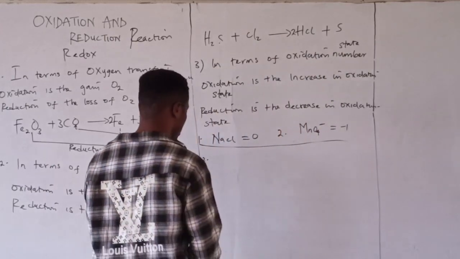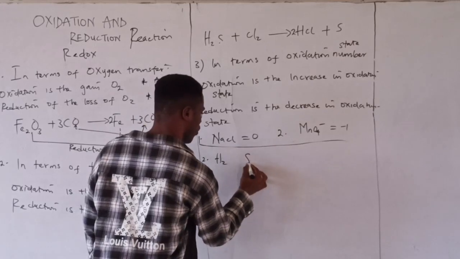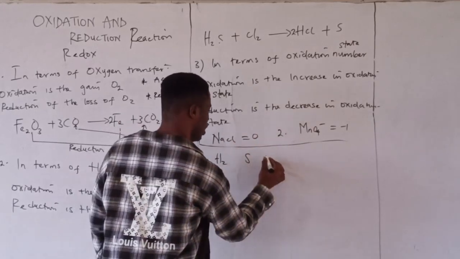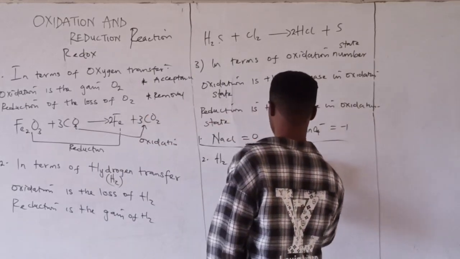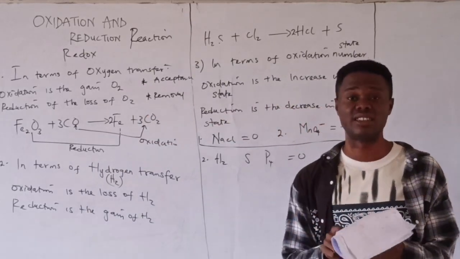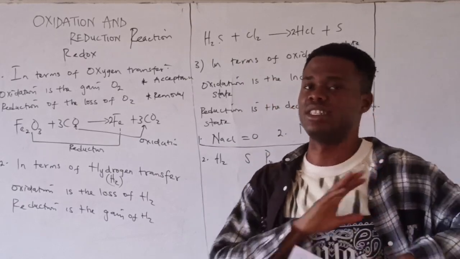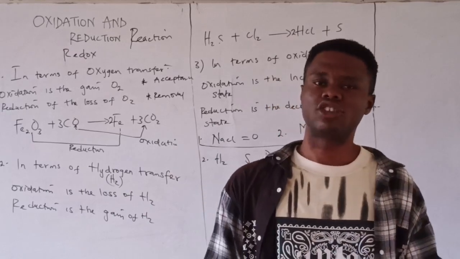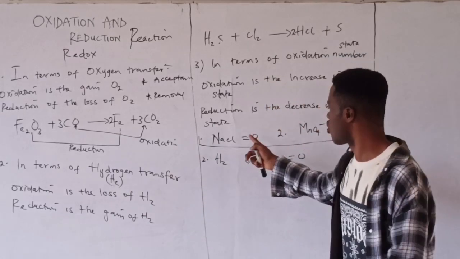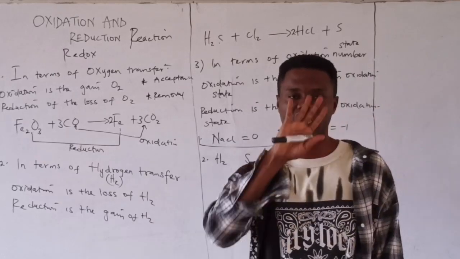Let's say, for example, hydrogen just on its own, sulfur just on its own, potassium just on its own, all these are equal to 0. That is, their oxidation number is equal to 0 because they are not reacting with anything, so they are in their neutral state. Remember, for a reaction to occur, they have to interchange their charges.